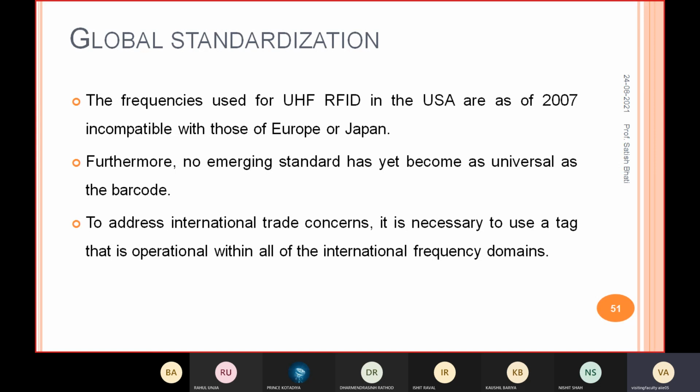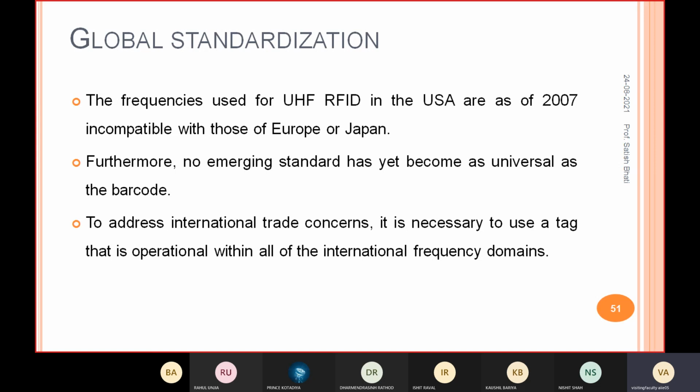Whenever you talk about a wireless system, definitely whatever data you are transferring, you are transferring through a radio frequency signal. So many applications use the radio frequency, so the government has standardized that this band is used by these people, this band is used by this application. Likewise, different countries have different standardization.